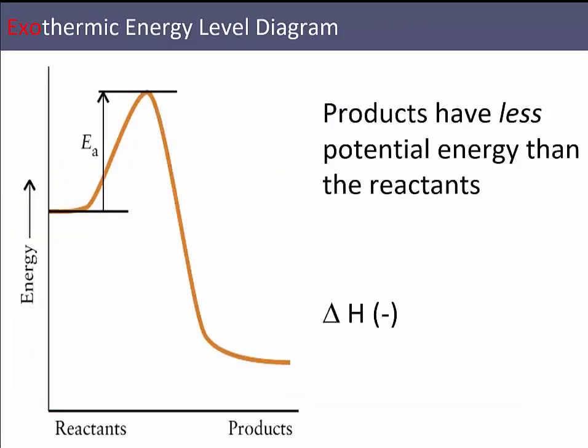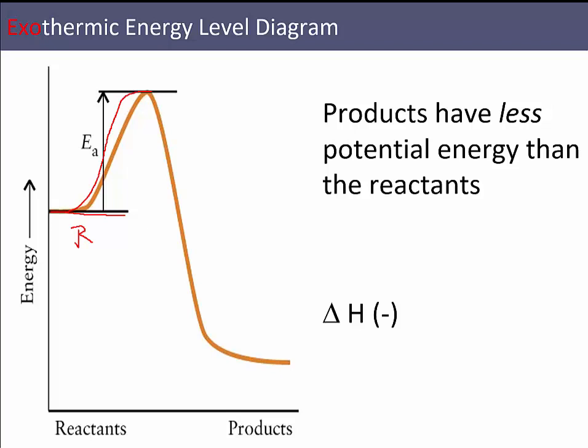If I were to draw a reaction energy diagram for an exothermic reaction, I would have my reactants over here. They're going to go through some activation energy. It's going to take a little bit of energy to get this reaction going. Right? And we will talk about that in the thermodynamic chapter later on in the next course in the sequence. But if you think about the reaction between hydrogen and oxygen, you would need a little bit of a spark to get things going.